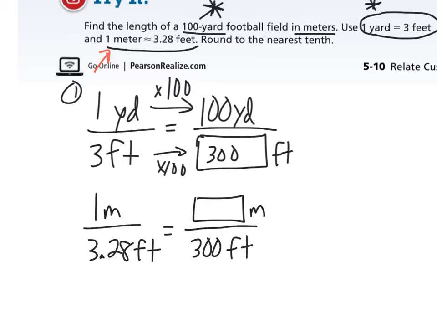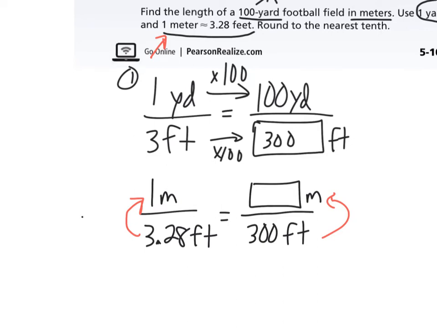So we've got two options here. We could try to go from 3.28 to 300, or going towards the box, we could try to go from 3.28 to 1. Anything that involves 1 is going to be easier if you don't see an obvious pattern. So this is the way I'm going to do this.